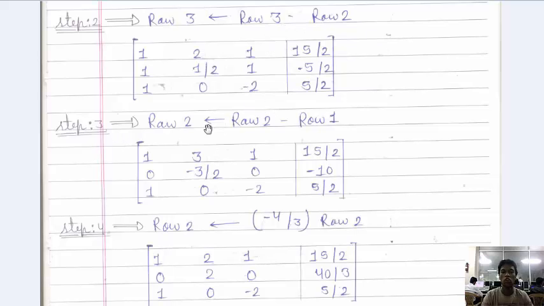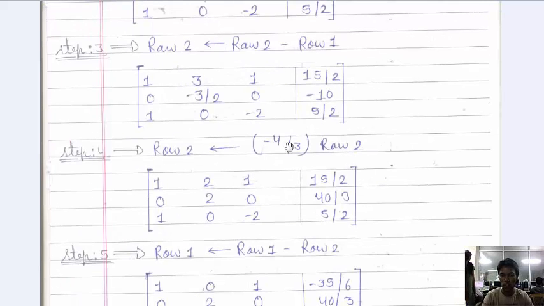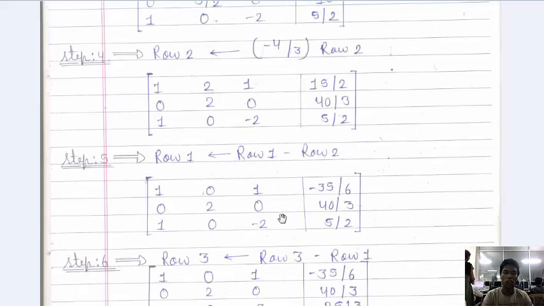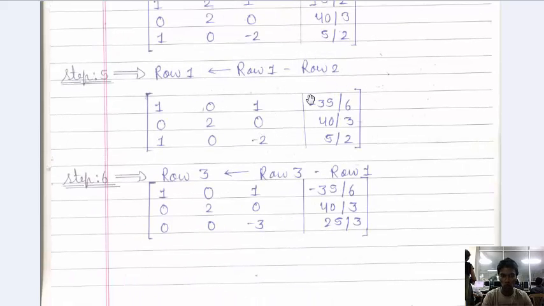Step 3: Row 2 minus row 1. Step 4: Row 2 minus 4 by 3 into row 2. Step 5: Row 1 minus row 2. Step 6: Row 3 minus row 1.